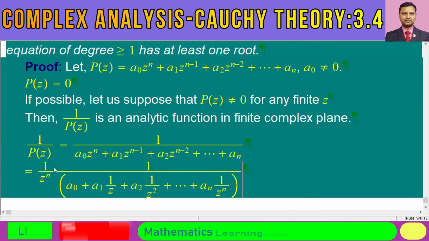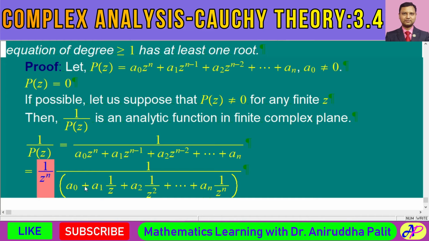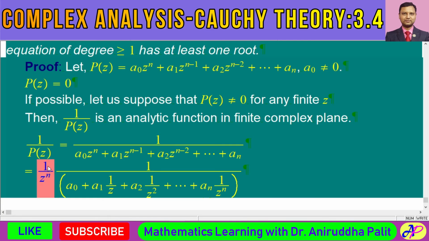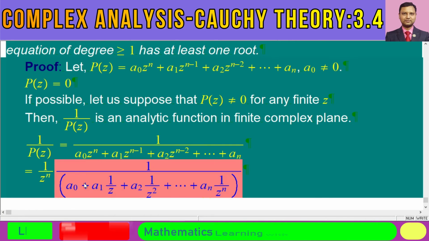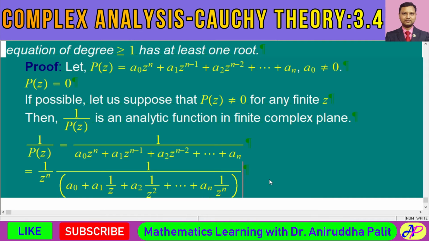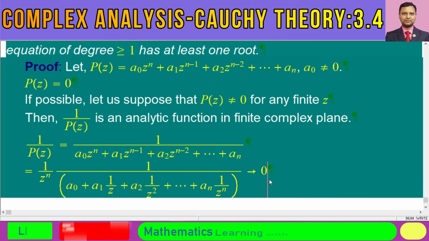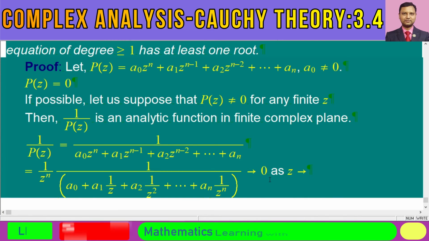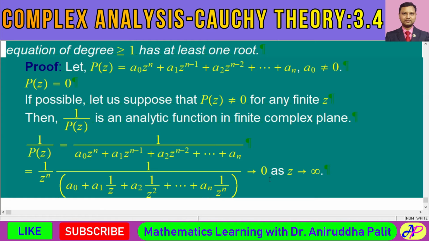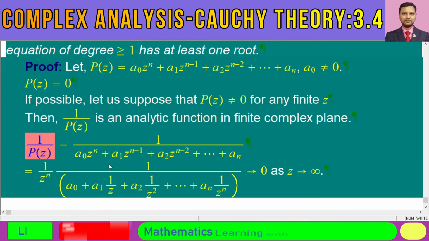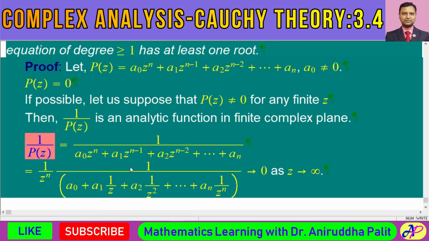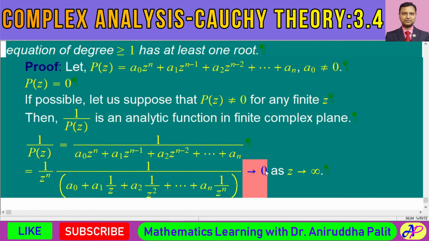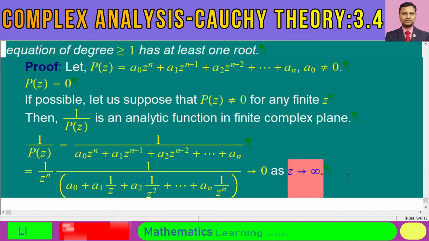However, along with this finite quantity, we have one more quantity multiplied, and if you take the limit as z tending to infinity, this value is equal to 0. So 0 multiplied by a finite complex number is ultimately 0. What does it mean? It means that 1 by p of z is tending towards 0 as z tends to infinity.